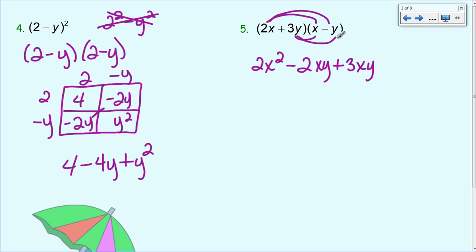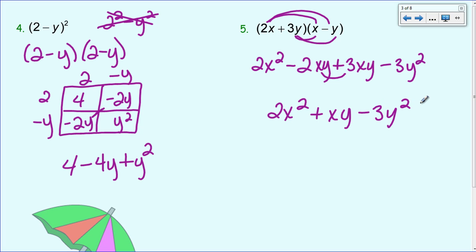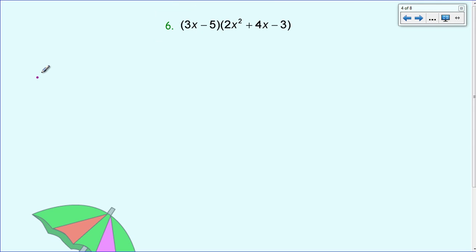And then 3y times negative y is negative 3y squared. So again, put my middle terms together. So I have 2x squared. Negative 2 plus 3 becomes 1xy minus 3y squared. And that's your final answer. You have no like terms to combine. You're done.